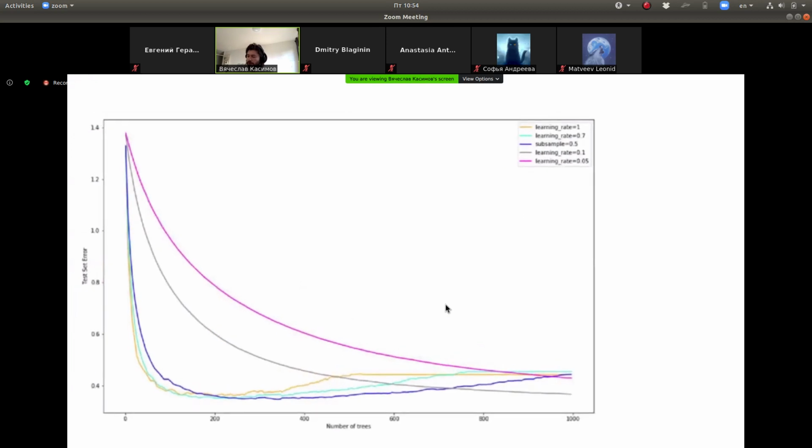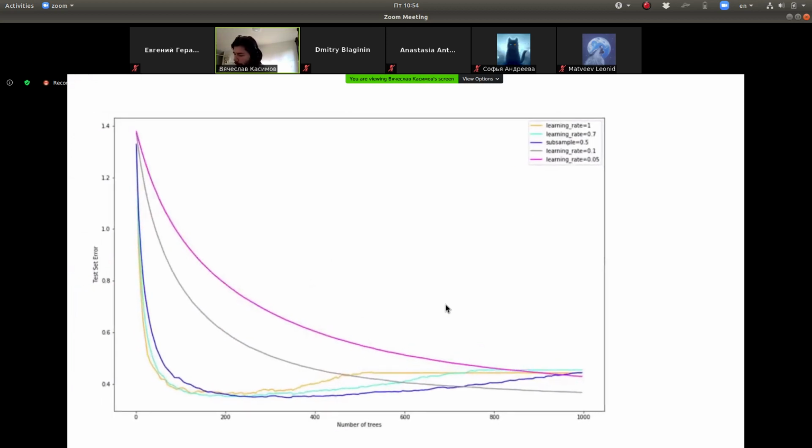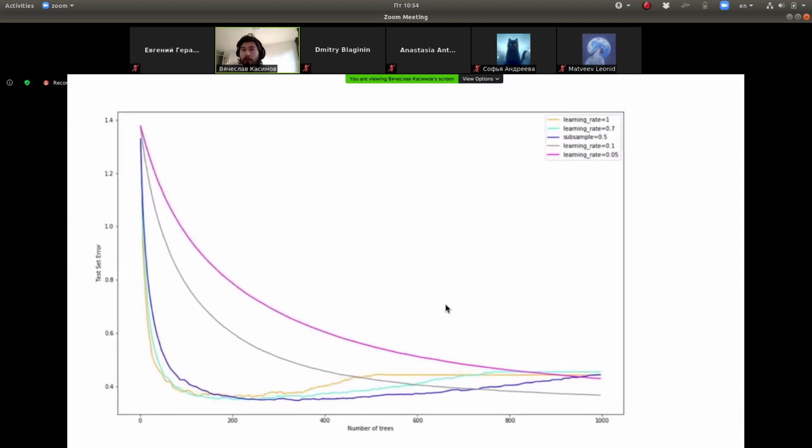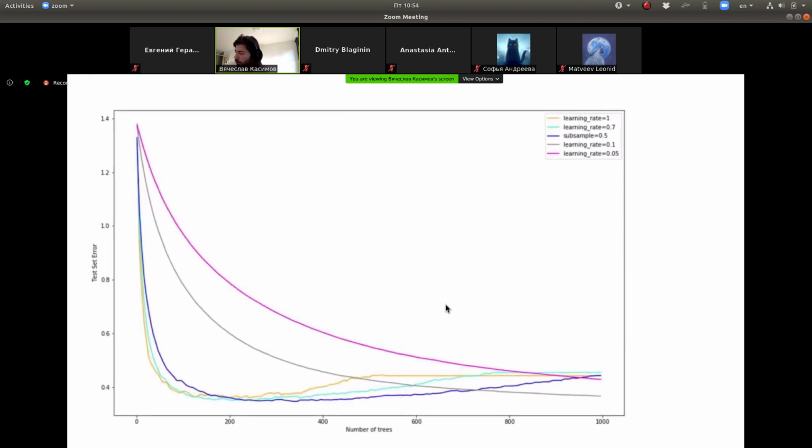Okay, so we can see here a plot with different learning rates. Let's see which one starts to grow first. This orange line has learning rate 1, and it is the biggest in this picture.